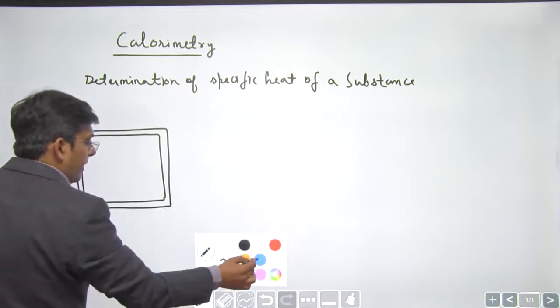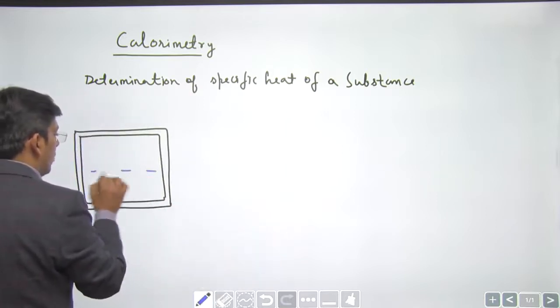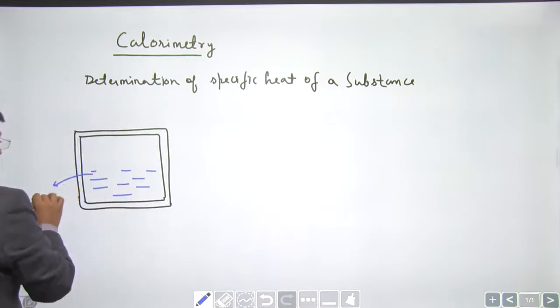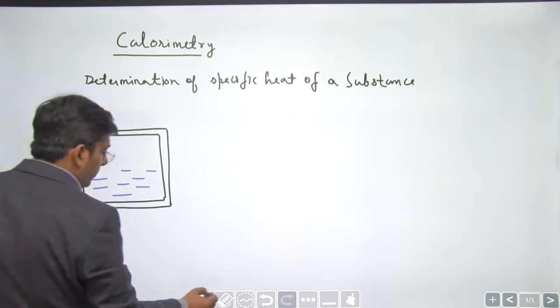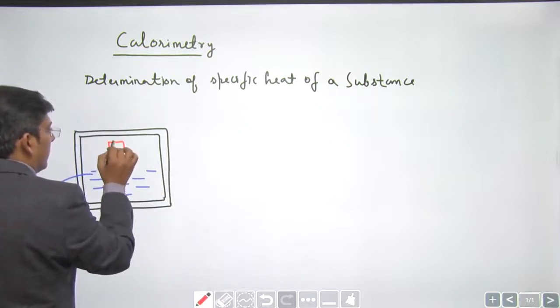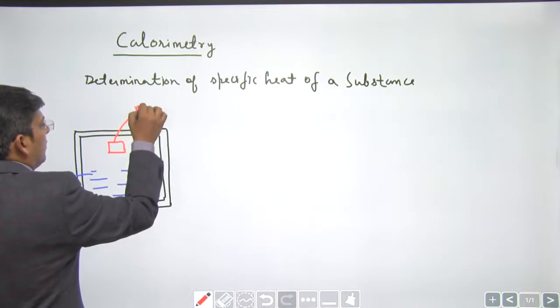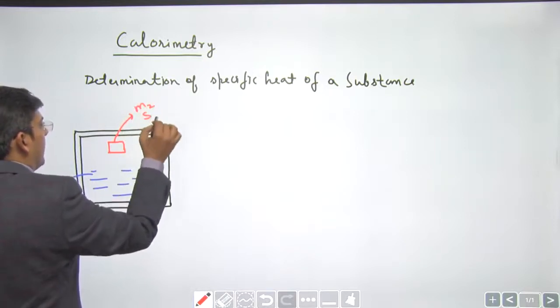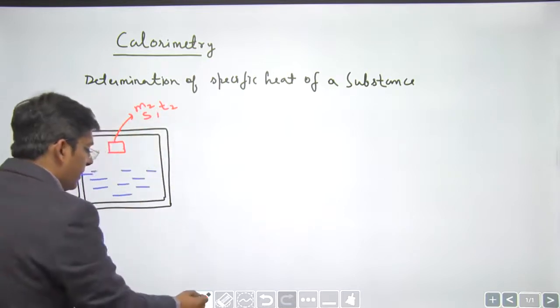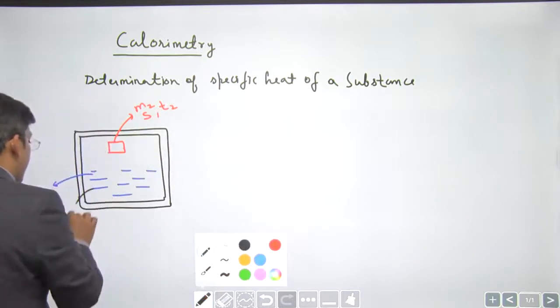Initially this calorimeter has some water in it, mass of water being m1. This substance has mass m2, specific heat capacity S, and temperature T2. It is very hot, and the water is initially at T1 degrees Celsius.